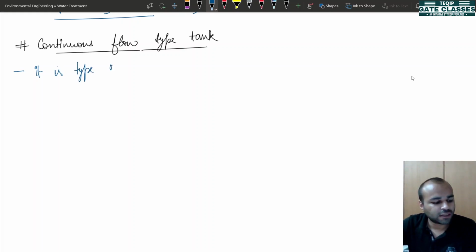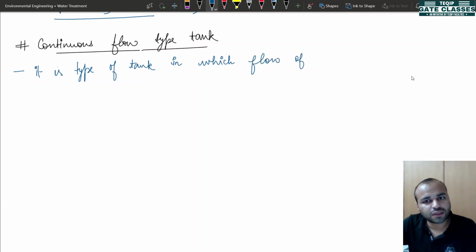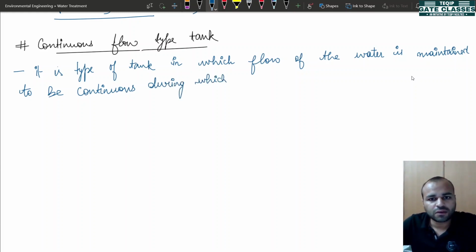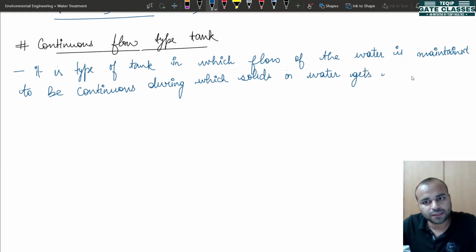It is a type of tank in which the flow of the water is maintained to be continuous, during which solids in water get settled in the tank.